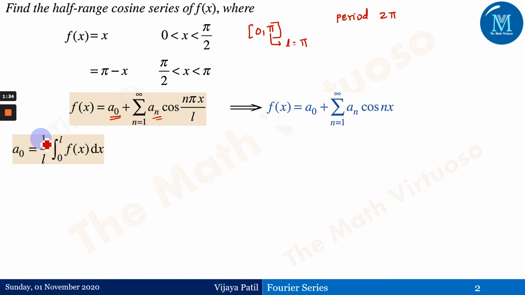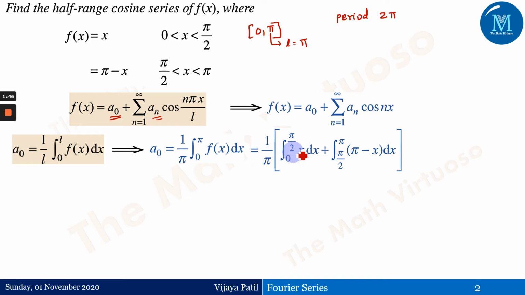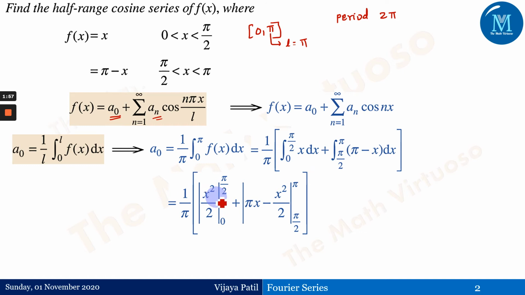So a0 is 1 by L integration 0 to L f of x dx. We have seen that L is equal to pi, and therefore a0 is equal to 1 by pi integration 0 to pi f of x dx. Then the function has been divided into two parts, 0 to pi by 2 and pi by 2 to pi, with the corresponding function values.